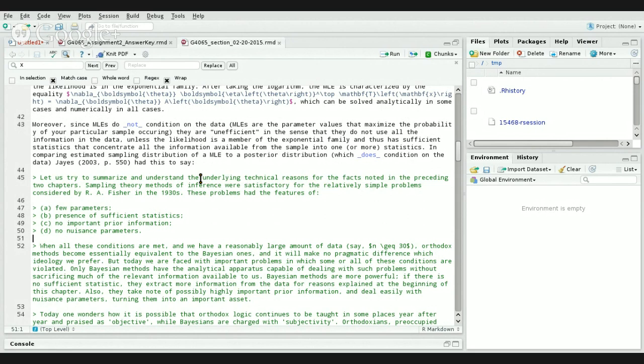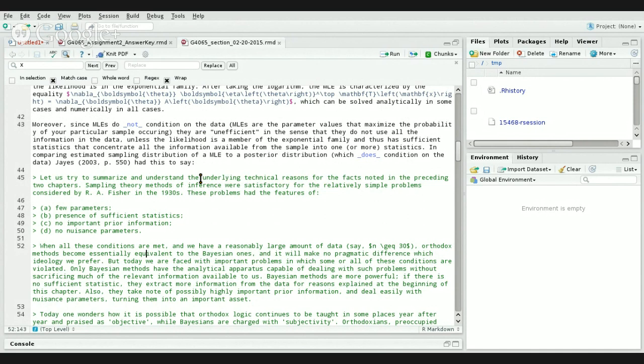So we'll talk about that when we get into hierarchical modeling. We're certainly not limited to distributions that come from the exponential family anymore. So if those conditions are met, then the sampling distribution of the maximum likelihood estimate tends to be a good approximation to the posterior distribution.